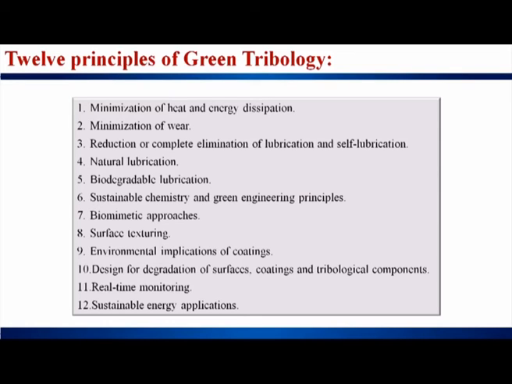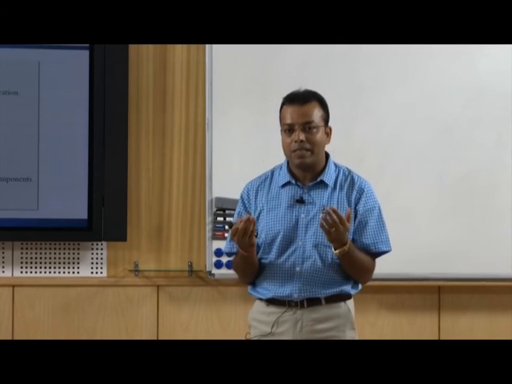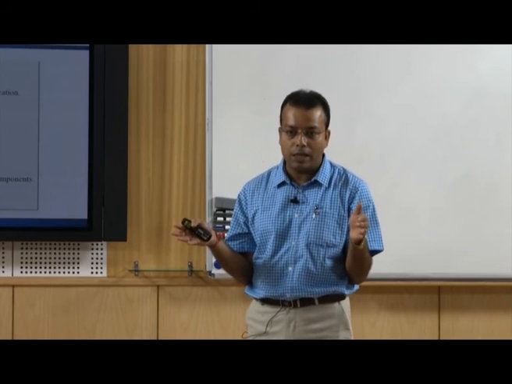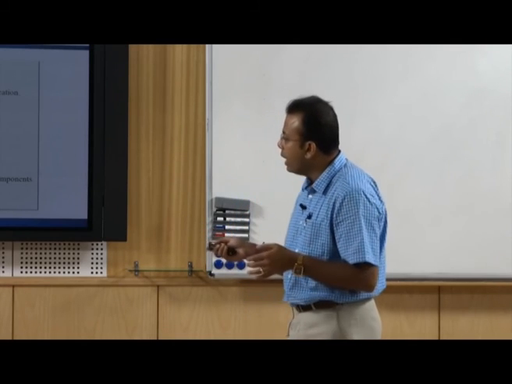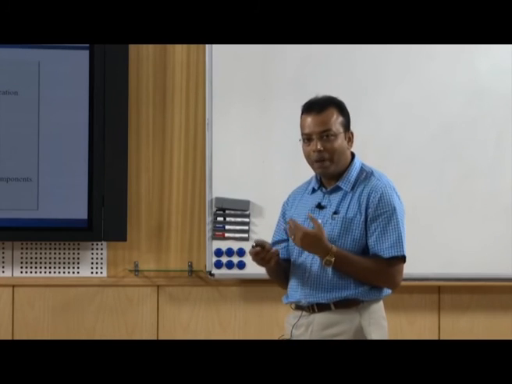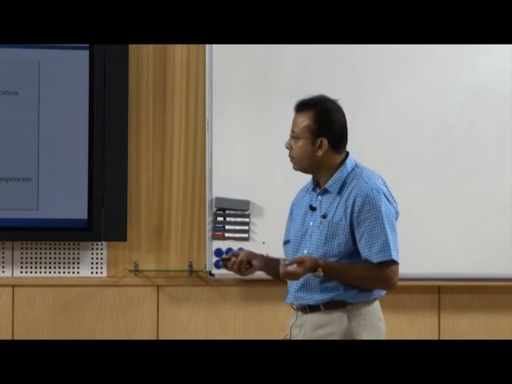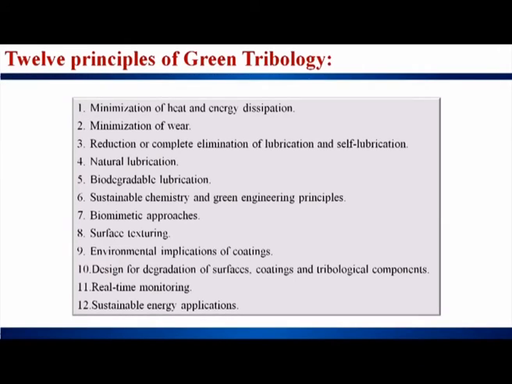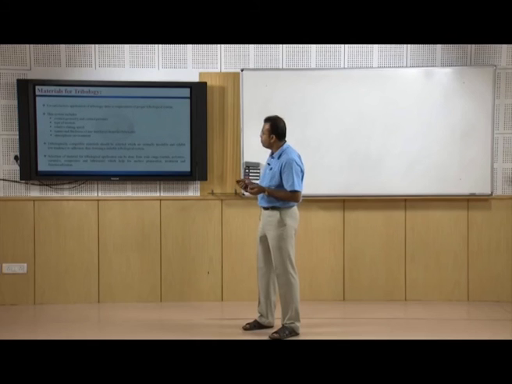If we apply certain kinds of coatings onto a material to enhance its service life, we can use coatings made from biodegradable products. Then design for degradation of surfaces, coatings and tribological components, real time monitoring and sustainable energy applications.